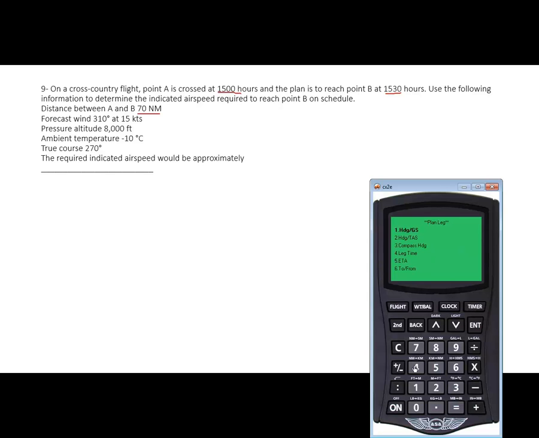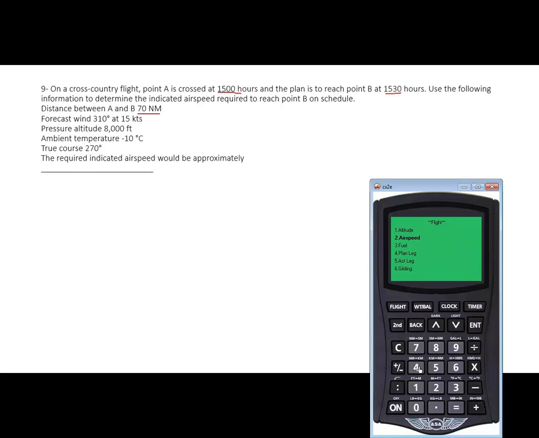So what we're looking for here is a planned, or required, airspeed. We're trying to figure out what our airspeed is supposed to be. Looking through these menus, this one doesn't have it yet. That one doesn't tell us what we're looking for.